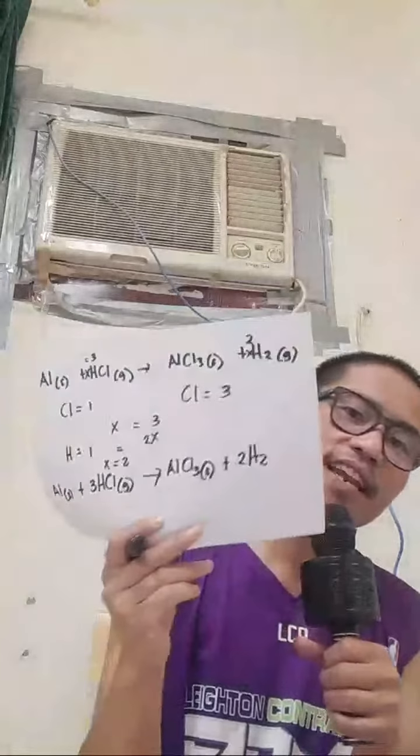Let x be the value of H in the reactant, because the reactant is the lesser. So it becomes now 3x, 3 times x. You should not eliminate the number you already put there in your first balancing. So this should automatically be 3 times x.